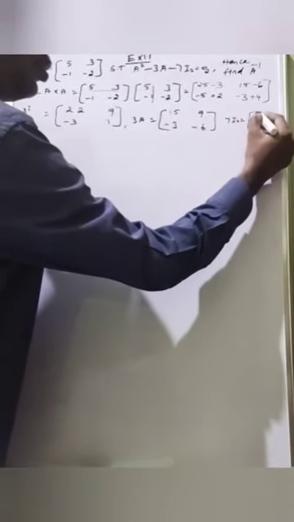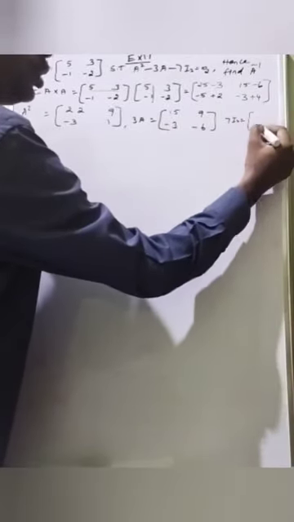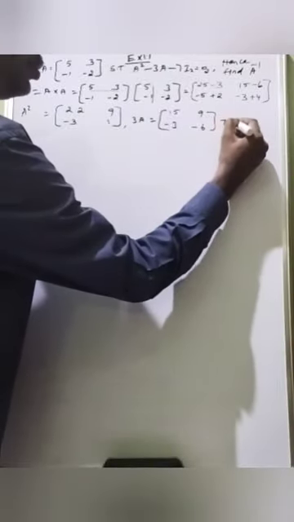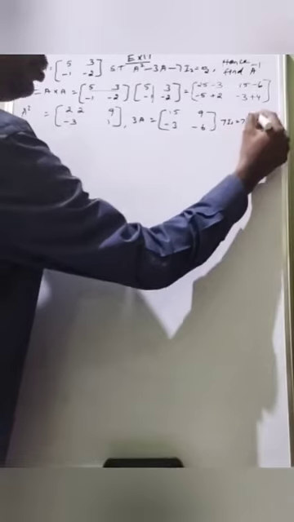I means identity matrix, 1 0 0 1. So 7 I2 means 7 into 1 0 0 1. So multiplication gives 7 0 0 7.